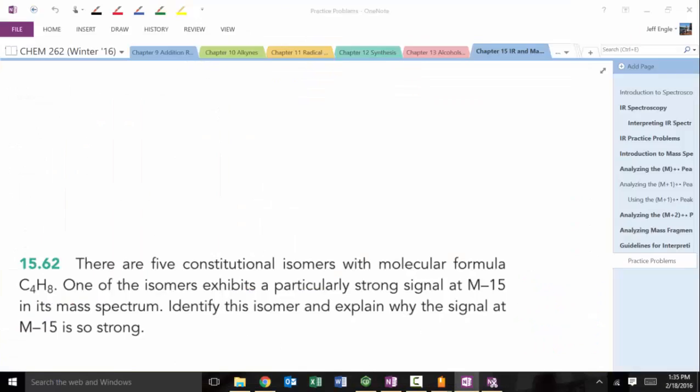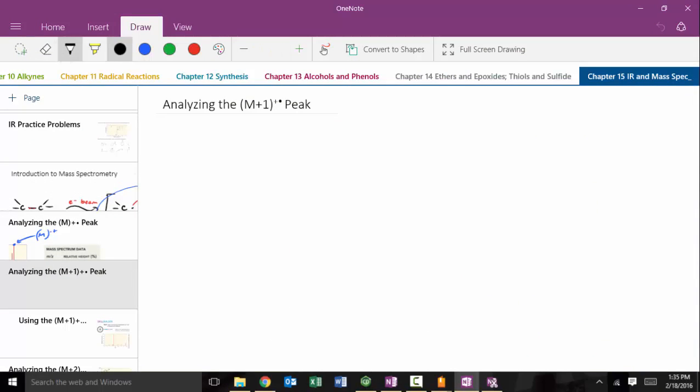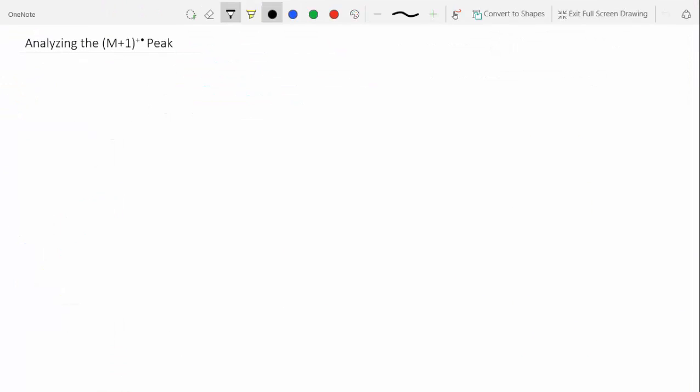So let's take a look at our mass plus 1 peak. And we said that the mass plus 1 peak was due to what? Isotopes. Exactly. So the M plus 1 radical cation is due to heavy isotopes.